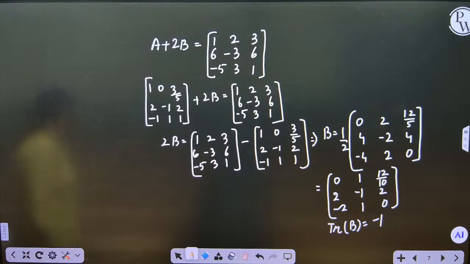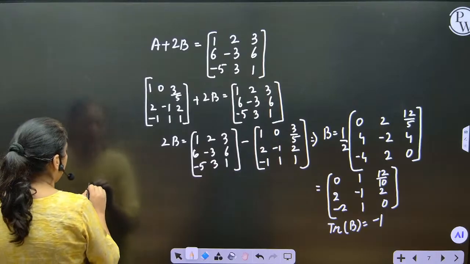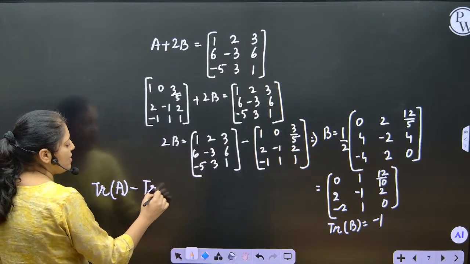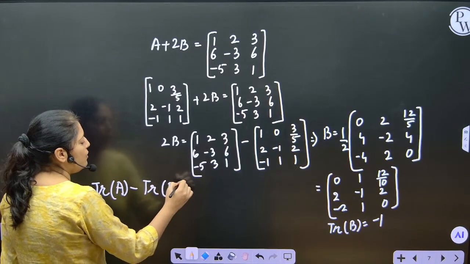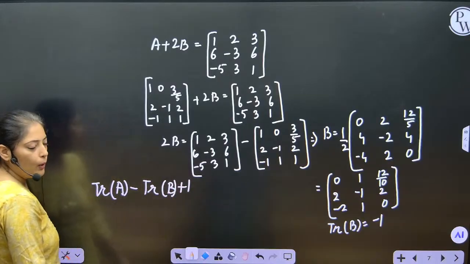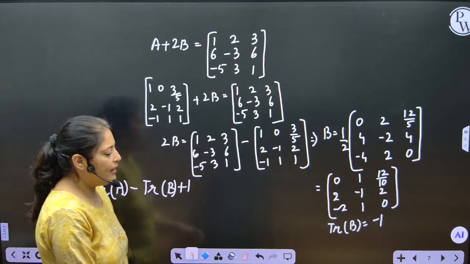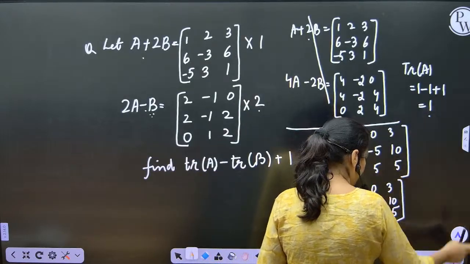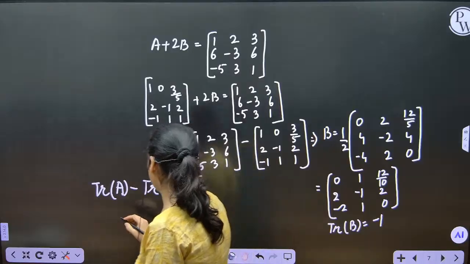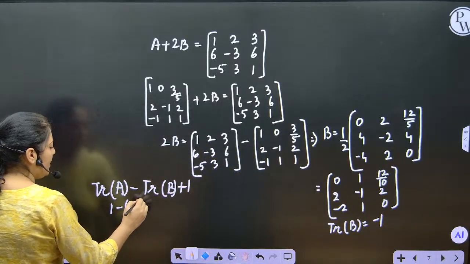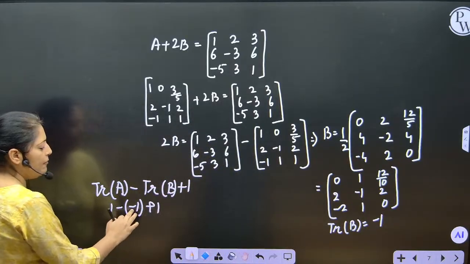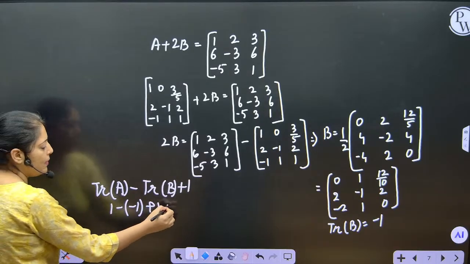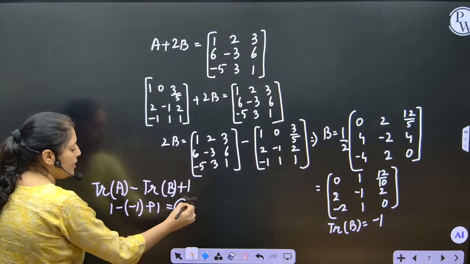So trace of B is minus 1. Now which value we have to find? We were asked to find trace of A minus trace of B plus 1. Trace of A, I think we got the answer as 1 here. This is minus of minus 1, this is plus 1, 1 plus 1 plus 1 is, answer is 3.